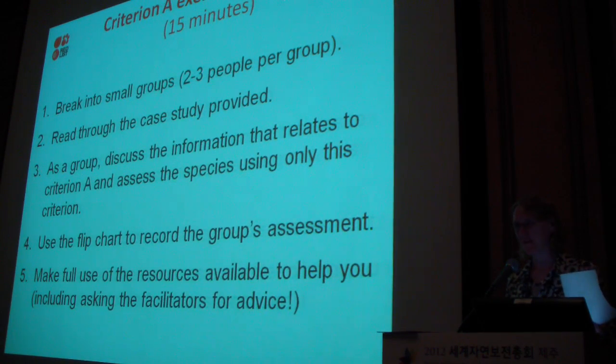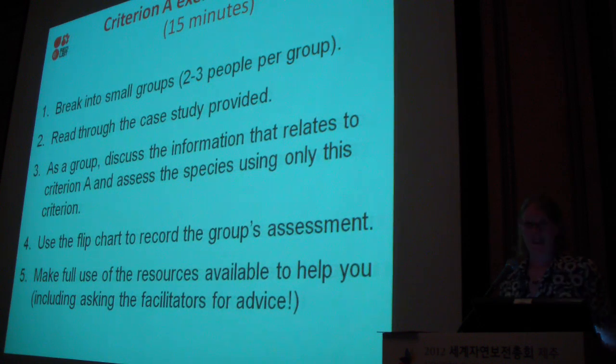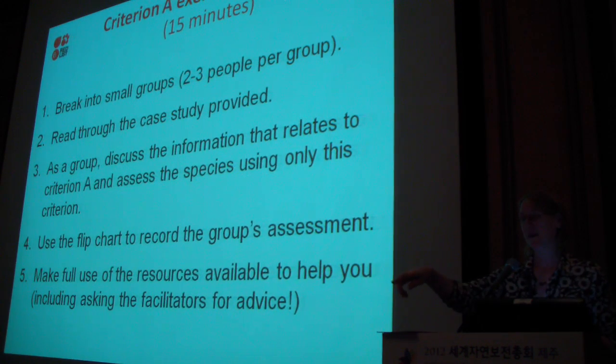Okay, let's break into the working groups. I've laid out 3 tables, up to you if you want to break into pairs or 2 groups of 3. There's one here, one there, and one at the back. On these tables you will find, well, I've actually only put out 2 case studies, but I can bring more. There's one case study that you will read, it's a plant.